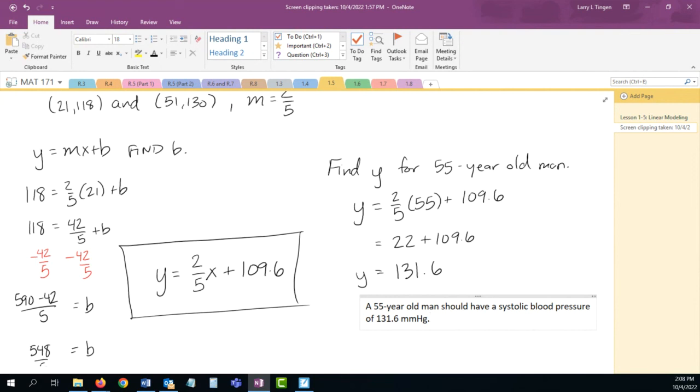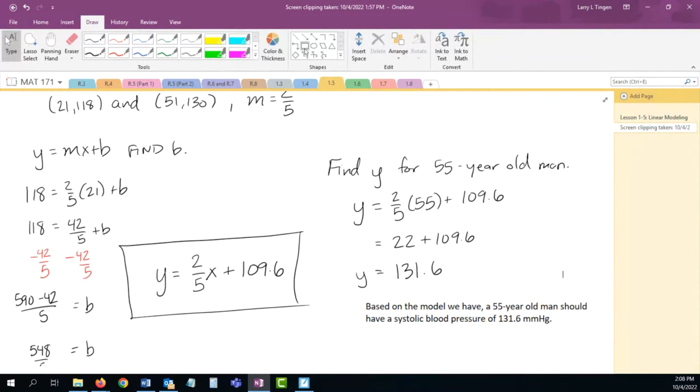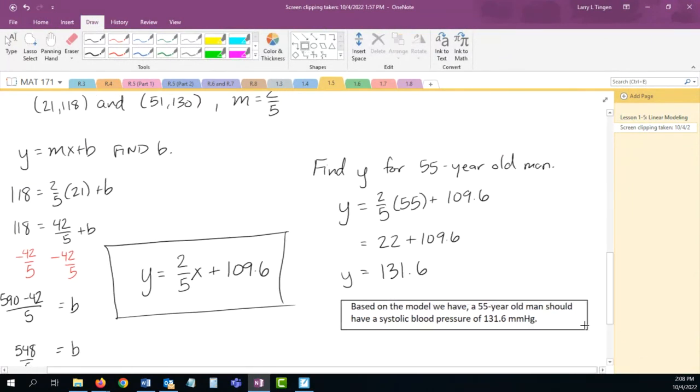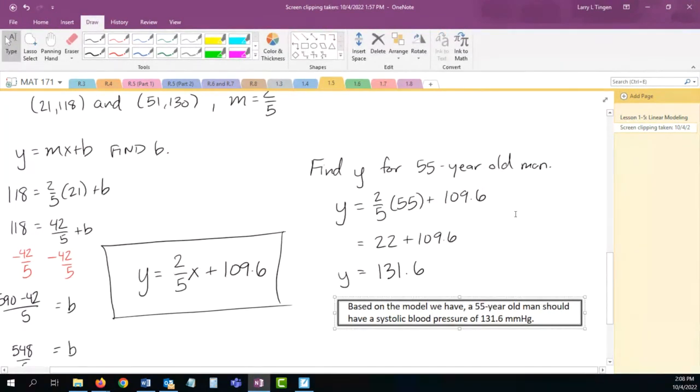Does it mean that all 55-year-old men will have this blood pressure? Absolutely not. It does not mean that, but it means my model predicts that, and maybe I should change the wording to qualify it at the beginning: based on the model we have. That's probably an even better answer, as opposed to saying this is definitely going to happen. This is a much better way to say it.